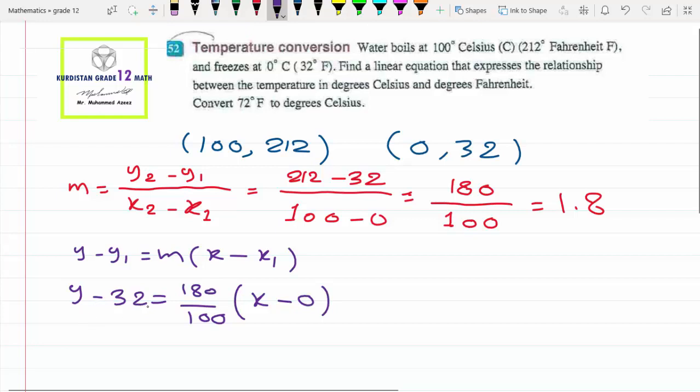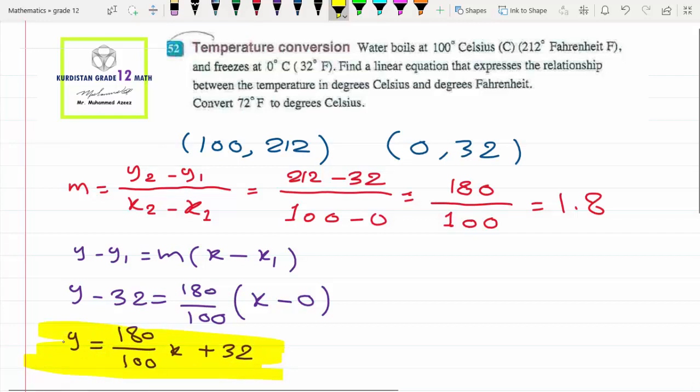This 32 is negative, it goes to the other side, it will be positive. y equals 180 over 100 x, 0 is nothing, it goes to the other side, means plus 32. So this is the equation of the line that passes through these 2 points. Now, the first part is done, find the linear equation.